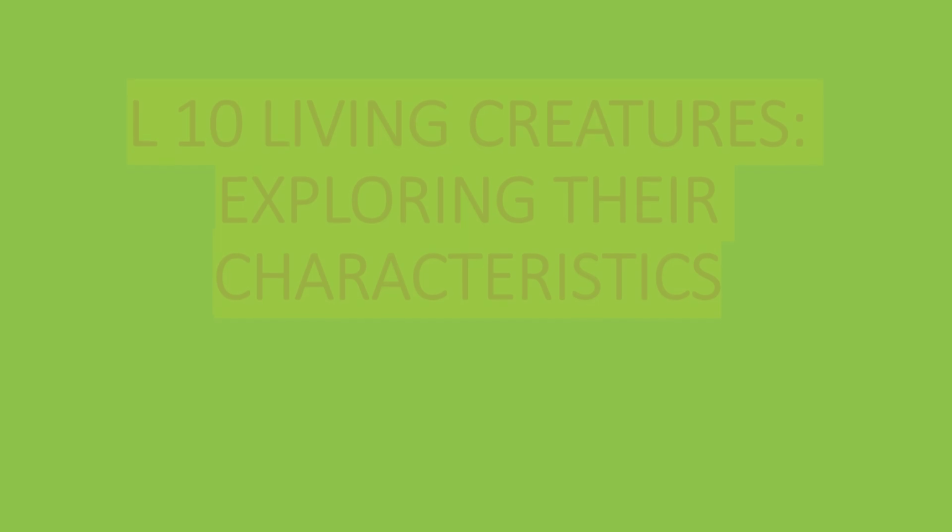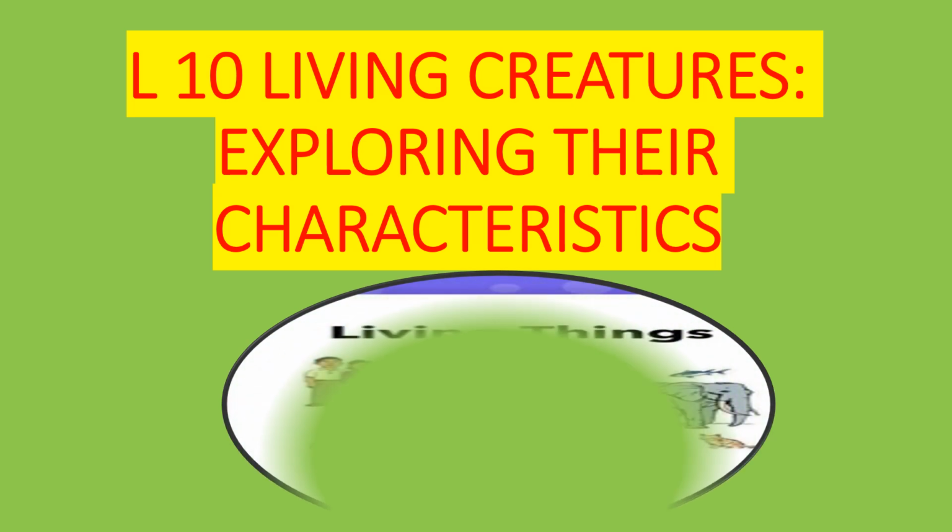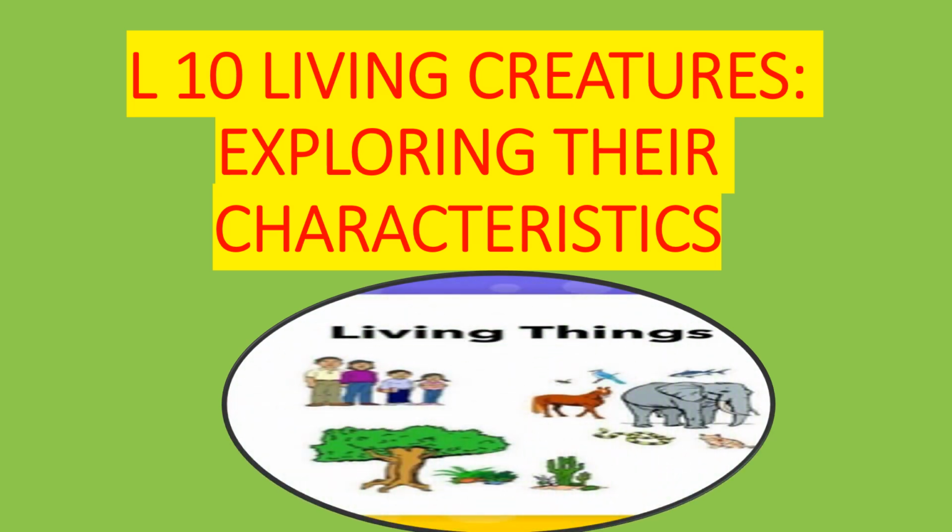So today we are going to start with lesson number 10, that is living creatures exploring their characteristics. In this lesson we are going to learn about living creatures and non-living creatures. Living creatures include plants, animals and human beings, and non-living creatures, for example, when you are sitting in a room, are the fan, the watch, the almirah, the television.